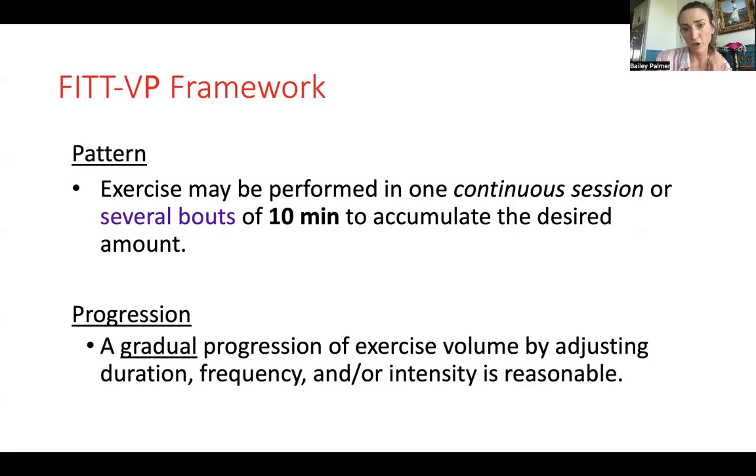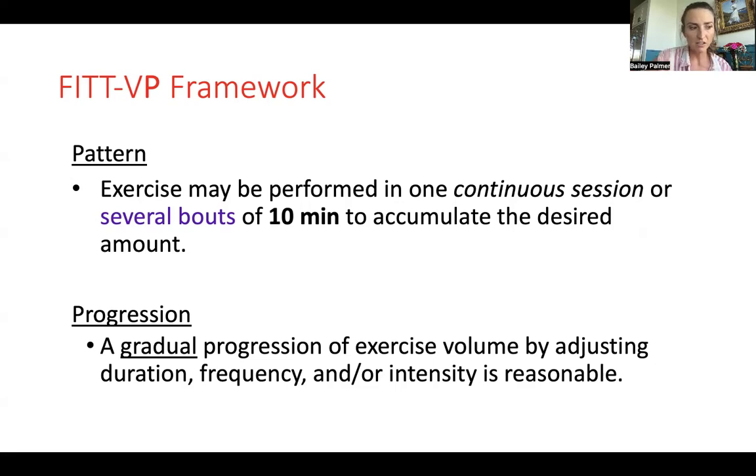A good way to progress is doing a 2.5% increase. You can do more than 2.5, but a 2.5 to 10% increase in your distance is a good way to start. And so if I run 3 miles one day and I want to increase, what should I start with?